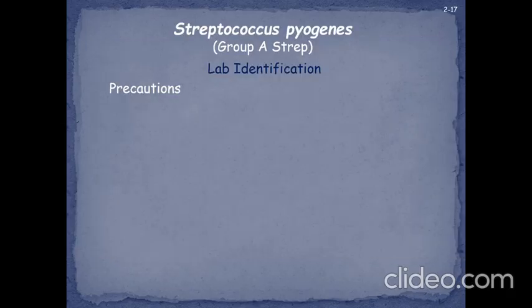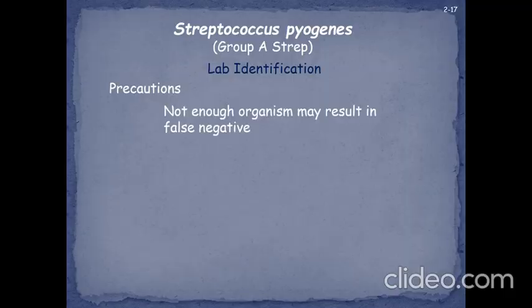One last precaution, and I've already kind of warned you of this precaution, but I'm going to hit it again. In the testing we're going to be talking about coming up, and in the PYR, and again the catalase, you need to make sure you have enough organism. So not enough organism on the PYR disc. If you don't get enough on there, you're not going to get enough breaking down to see a good color reaction.